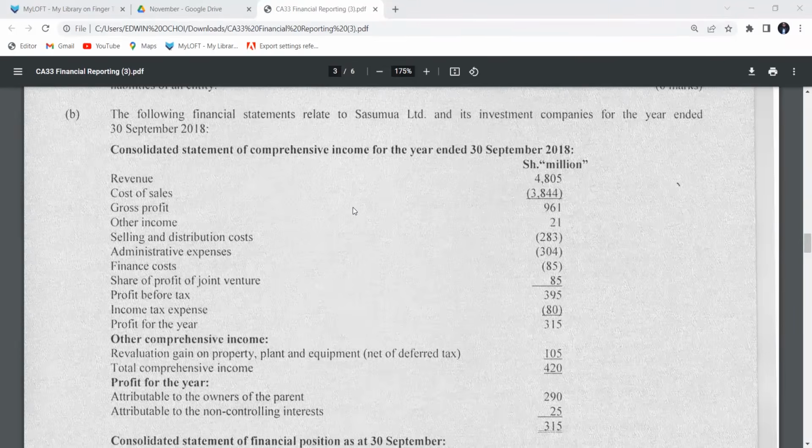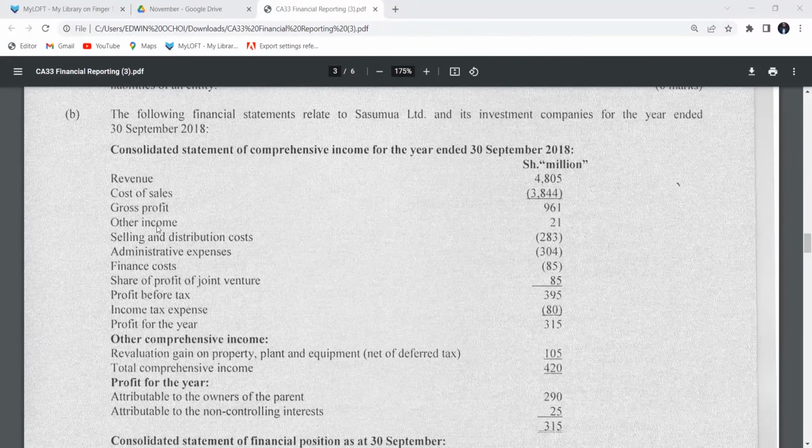So I have said other than revenue, cost of sales, selling and distribution, and admin expenses, other than those 4 items, anything else which is above the profit before tax is non-operating. That is other incomes, finance costs, and the share of profit of joint venture. Those are non-operating. We need to adjust them against the profit before tax.